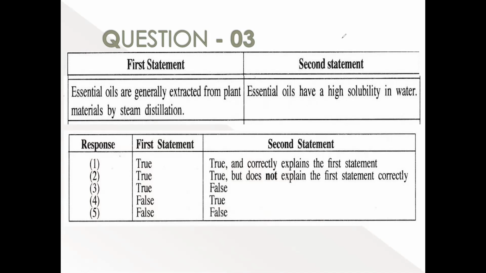What is the reason? The boiling points of the essential oils are comparatively high, and the essential oil has to be protected from dissociation. Therefore, extraction of the oil is always carried out at a moderately low temperature by using steam distillation.